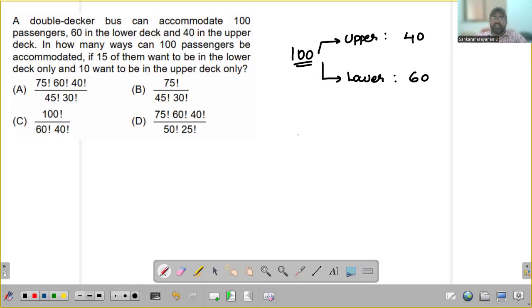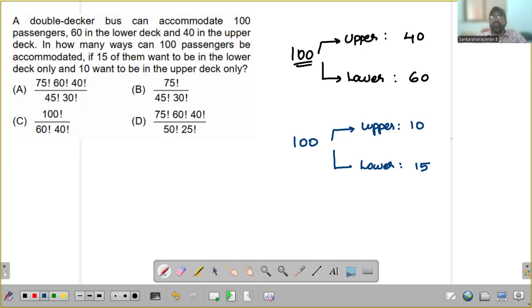Now, preferences, 100, upper and lower. What do they say? They say that 15 of them want to be in the lower deck only, and the remaining 10 of them want to be in the upper deck only.